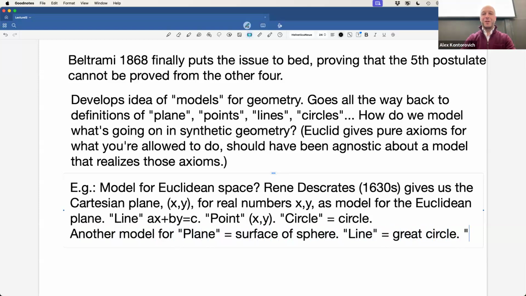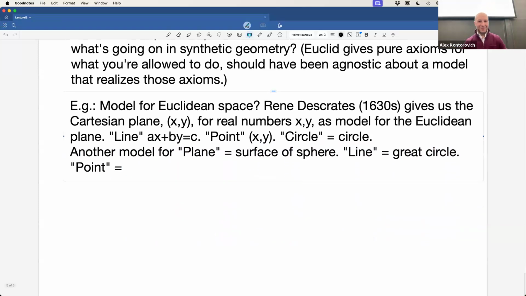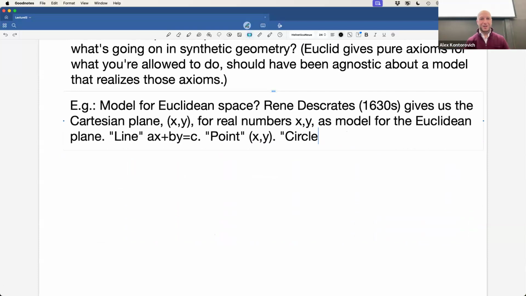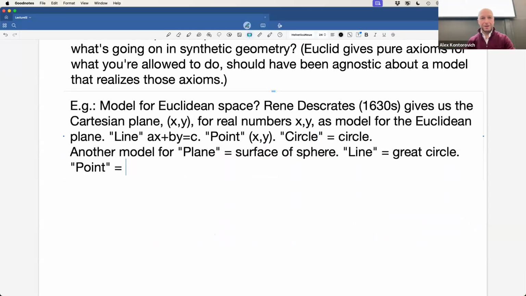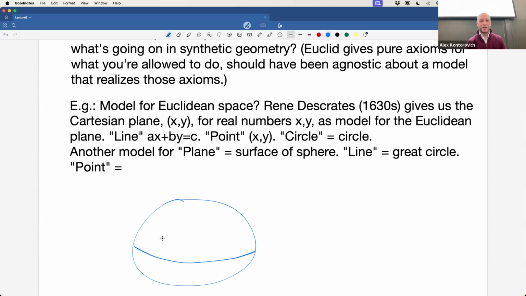Here's a funny one. We didn't really talk about this, but what is a point? Let me just redo this. Okay, let's make this point. Here's a sphere. Here's one great circle. Here's another great circle.